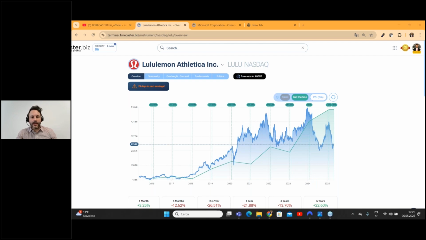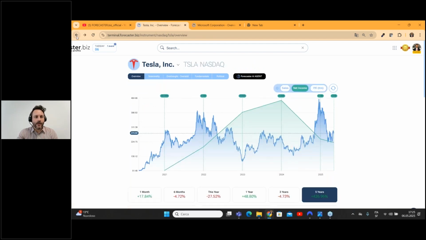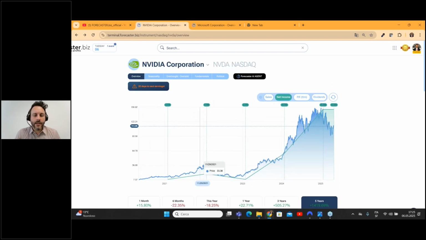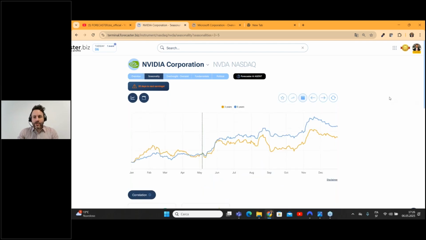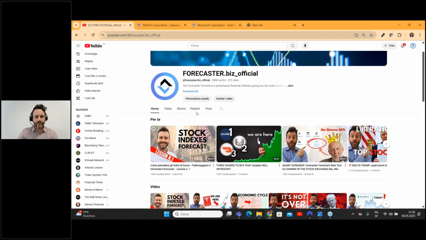Perfect. So let's move to the other layer, which is the seasonality layer. Let's go back to Nvidia, which is the example we are using today. We talked a lot about seasonality when we did the first lesson.